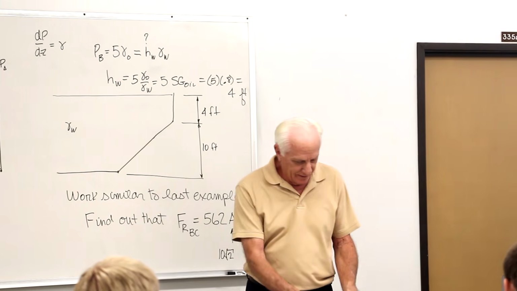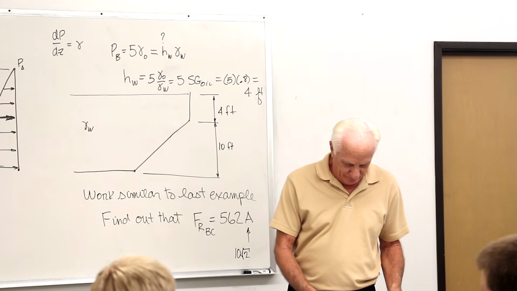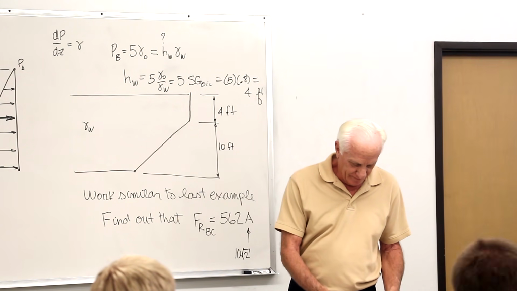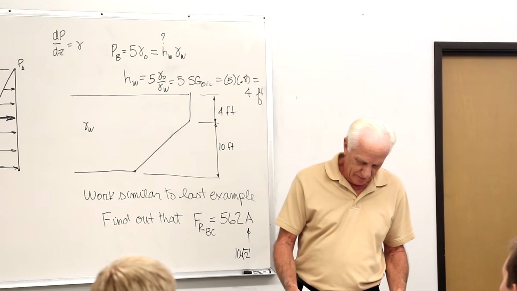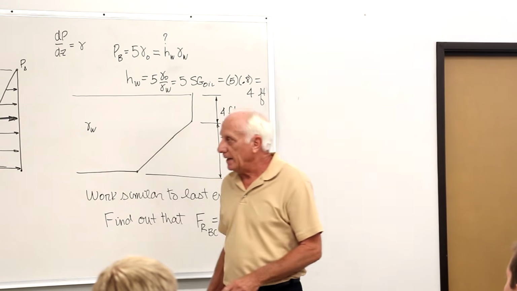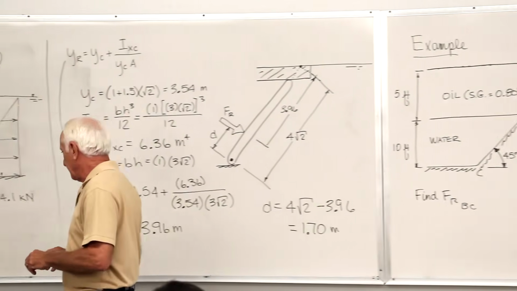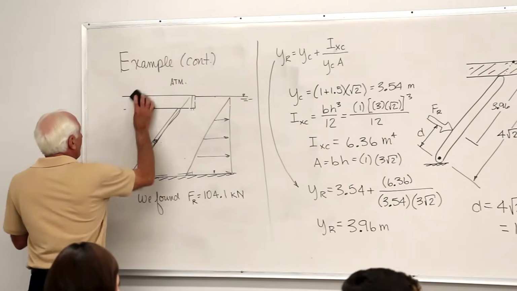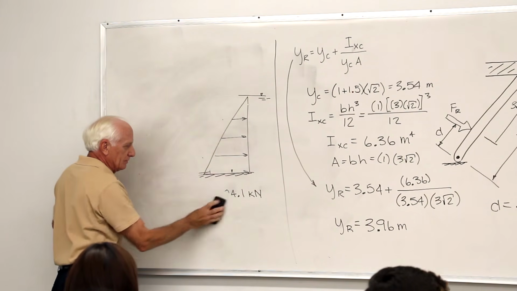Okay, now that takes care of that one. All right. So I'm going to compare. We talked about the pressure prism last time. And we said you can use that if you wish for some simpler problems.